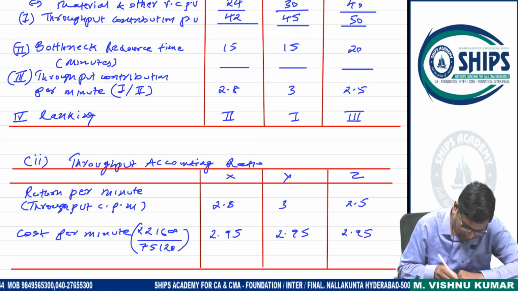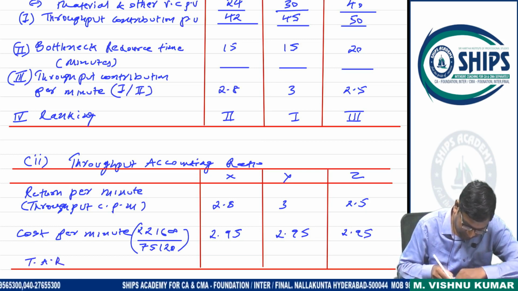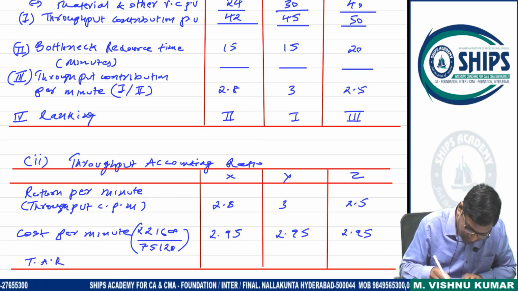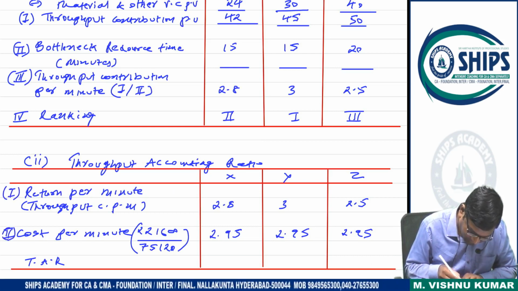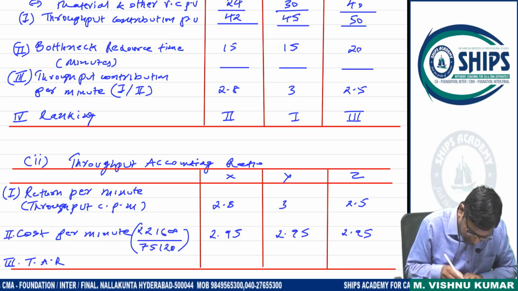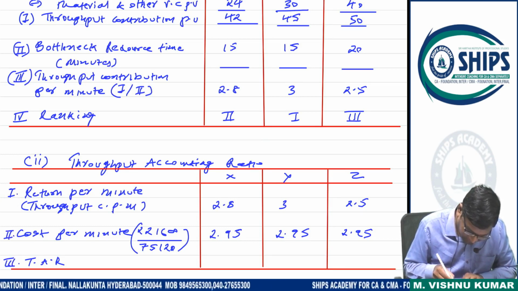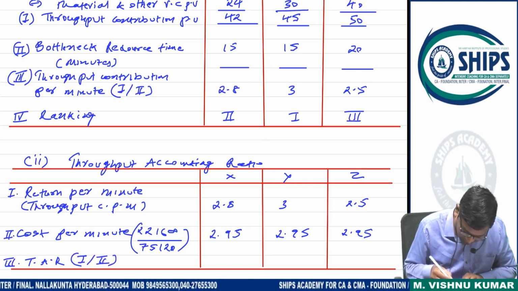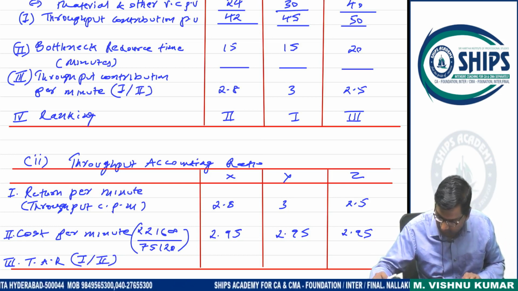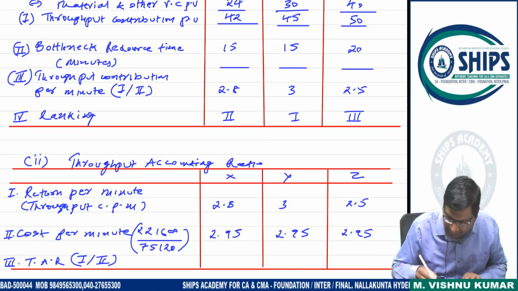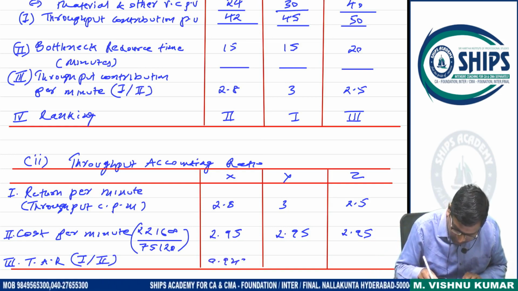Now the throughput accounting ratio. This is 1, this is 2, this is 3. So 1 divided by 2: 2.8 divided by 2.95 is 0.95.